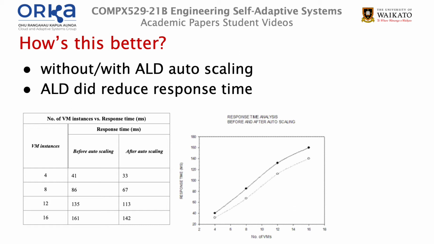And it's a little bit unclear, but we're assuming that after auto-scaling is using the ALD. And in the graph, we can see that the response time after auto-scaling is below that before auto-scaling.